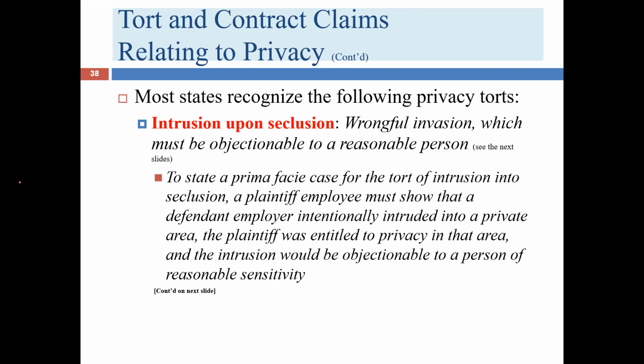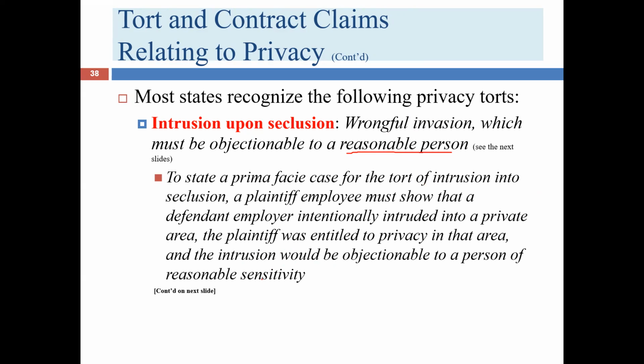So the first one we're going to talk about is intrusion upon seclusion. I love this name. It's almost musical, the way it's called. So this is wrongful invasion into somebody's privacy. Obviously, it has to be objectionable to a reasonable person. And again, in this place of seclusion, there has to be a reasonable expectation of privacy. And it has to be the type of intrusion that would be objectionable to a person of reasonable sensitivity.